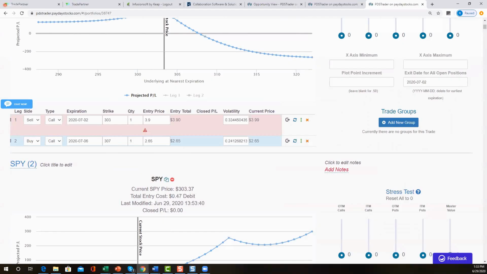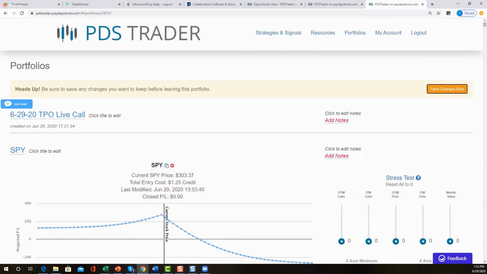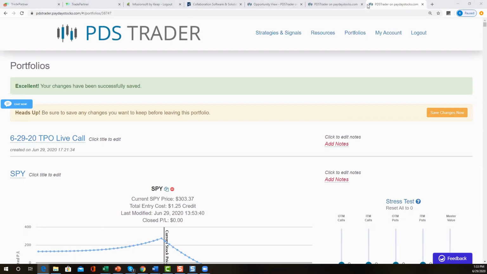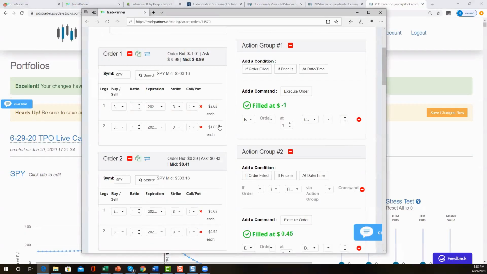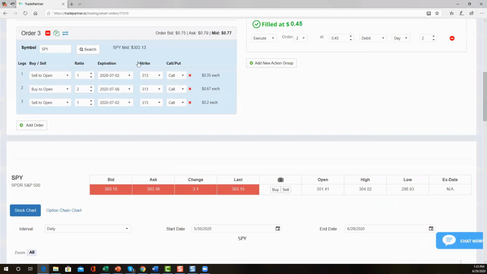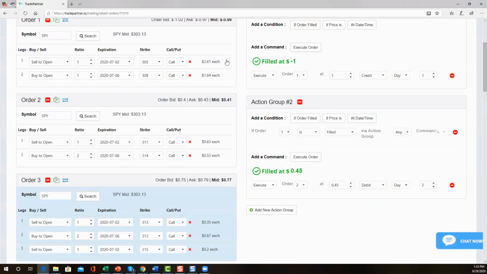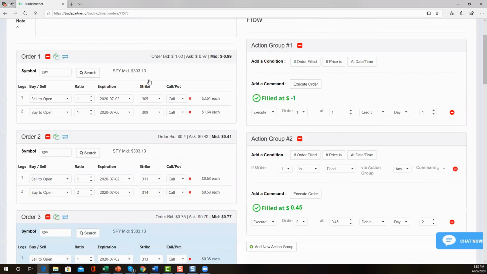I want to show you a couple of different things. You'll notice on this one that I have listed another bullish trade. Okay, now the market's moving down, and you can still almost get a buck credit for this bearish neutral. And why is that? Why, with the market down 50 cents, 60 cents, can I still get $1 credit for this?